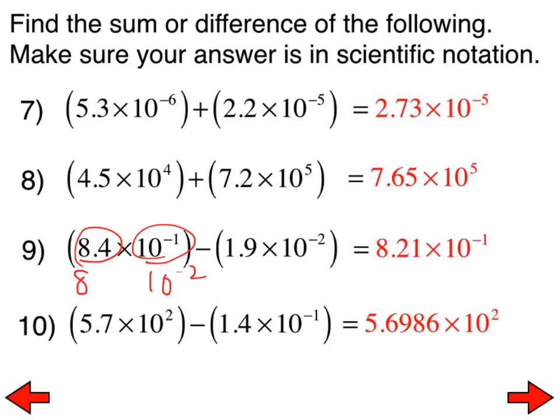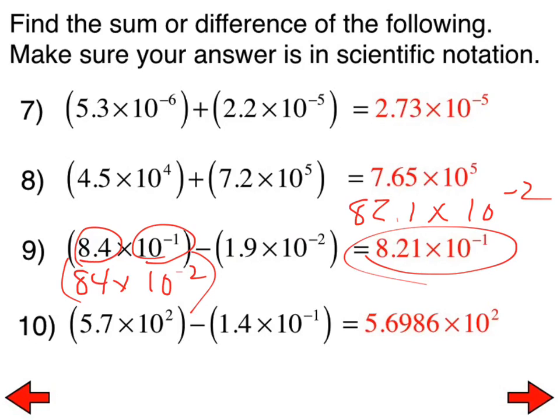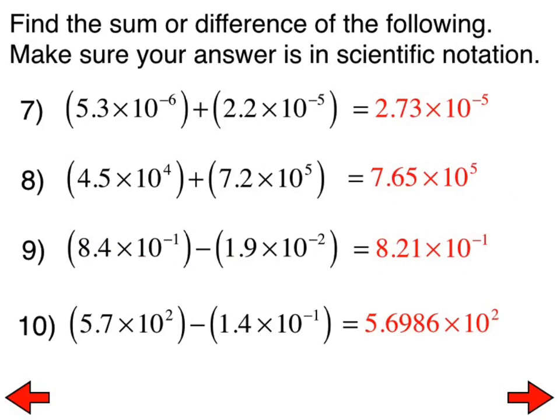So now you have 84 times 10 to the negative 2. So if you subtract 84 minus 1.9, that is 82.1. So we have 82.1 times 10 to the negative 2, but that's not in scientific notation. When you turn it into scientific notation, you end up with this. All right, we good? It doesn't matter which power you turn them into, but you need to make sure that your answer is in scientific notation.